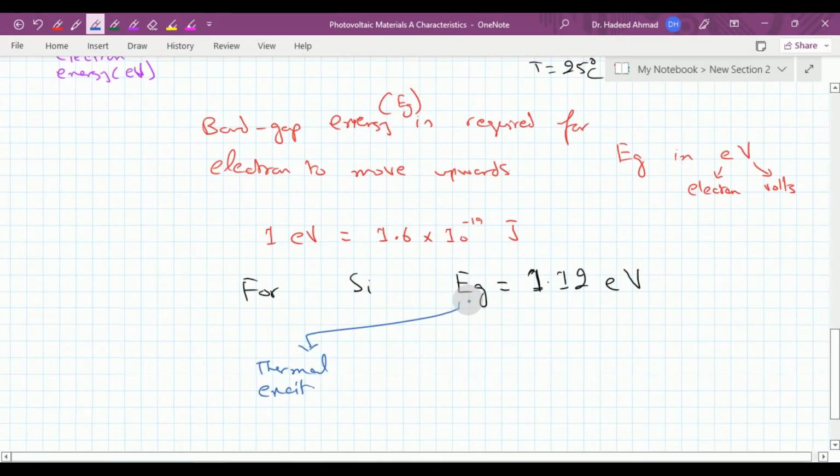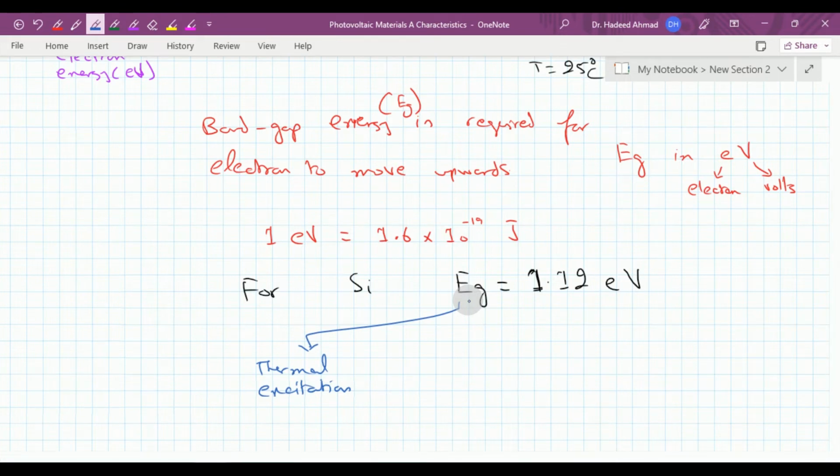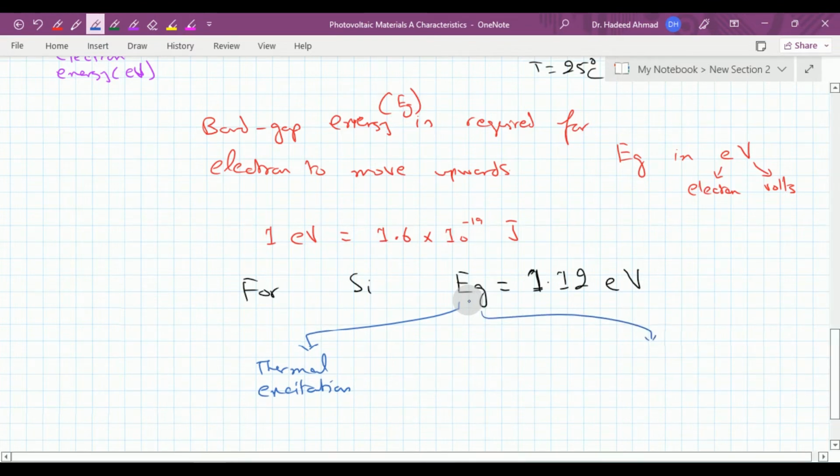So we have a change in temperature, the electron is excited, it gets some energy. So this energy will be able to promote or relocate the electron from a filled band into the conduction band. In PV sources, this energy Eg comes from the photon which is coming from the sun.